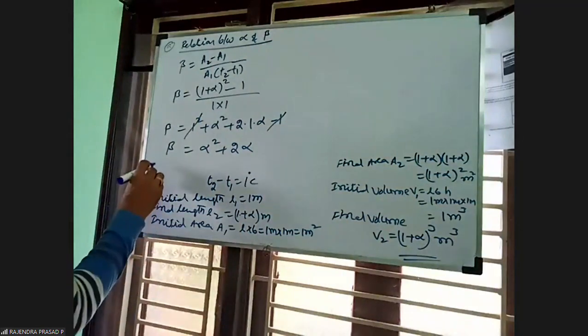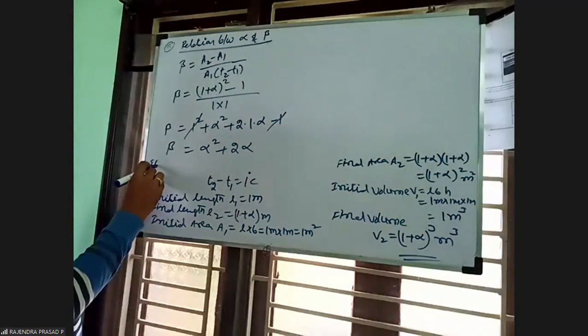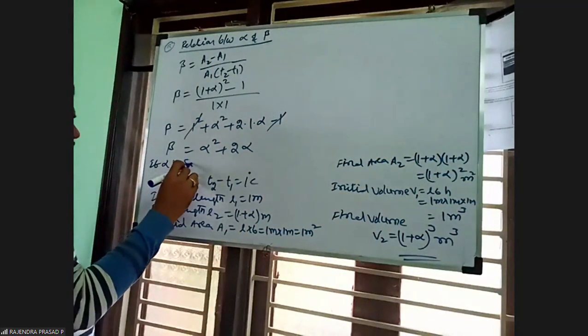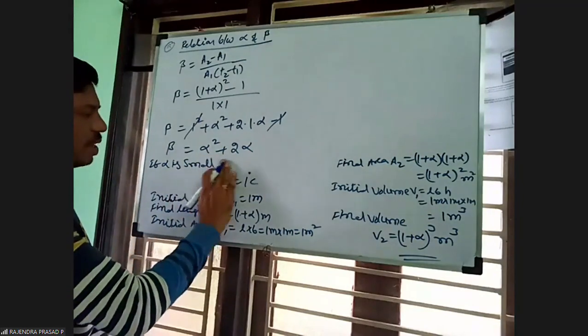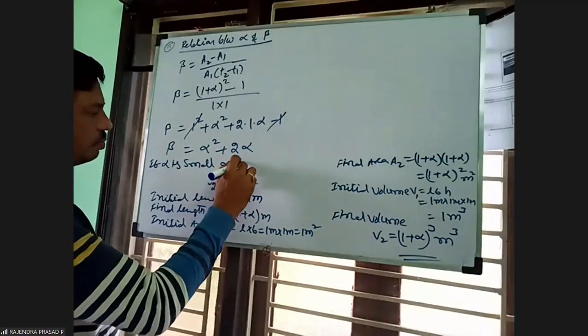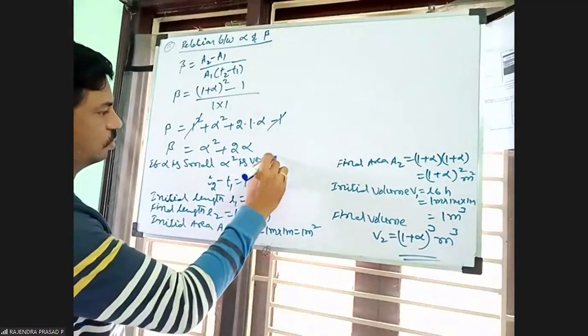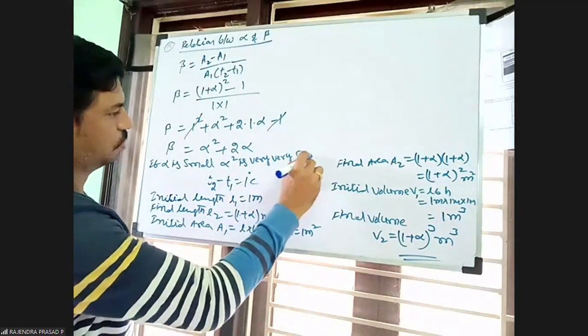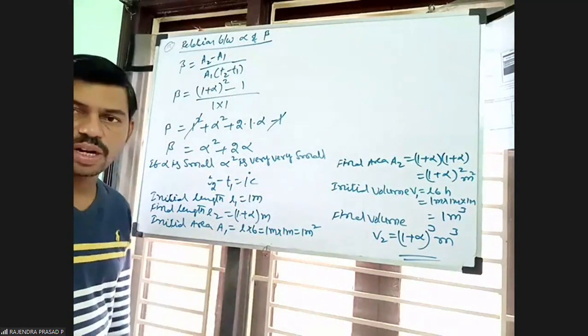Okay. Alpha is small, so alpha square is very, very small. So alpha square is eliminated or removed.